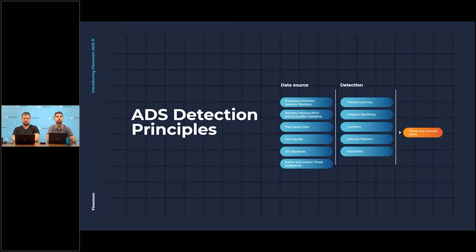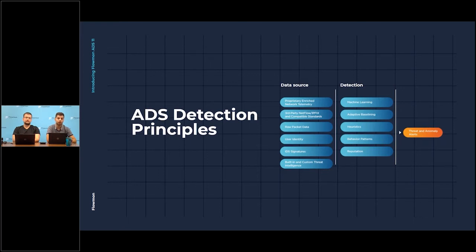But that also includes cloud platform telemetry data such as VPC flow logs. We also collect raw packet data that we use for a few detection methods to see a higher level of detail. User identity to be able to connect an IP address with some specific user.